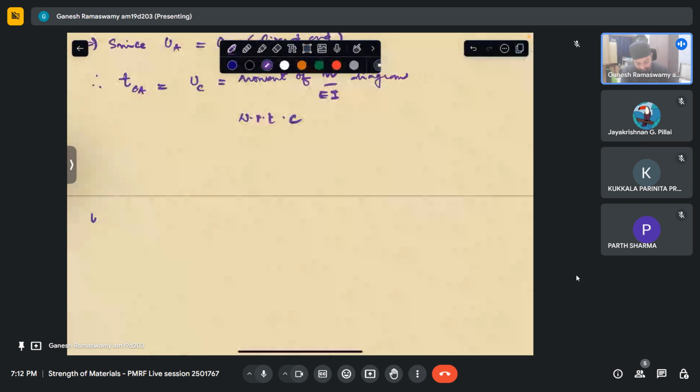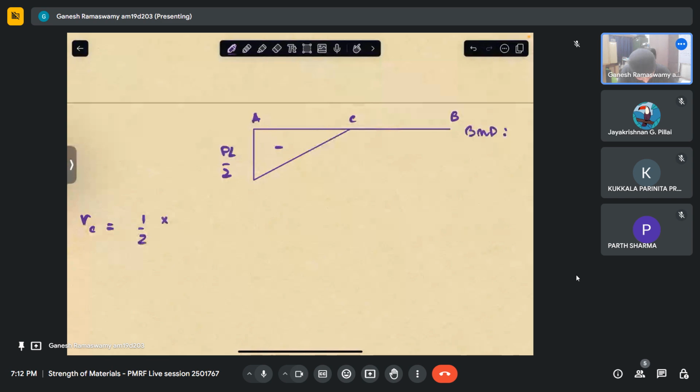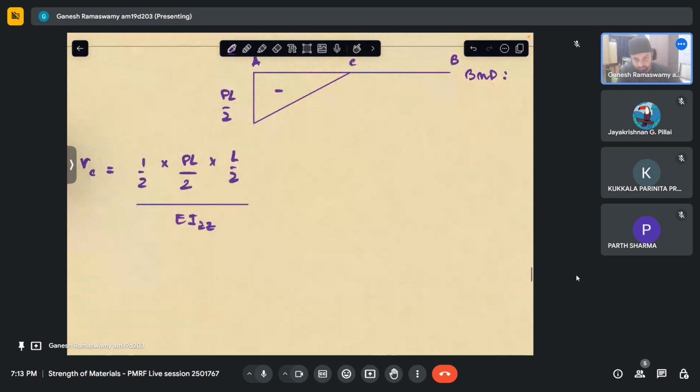So this is the area of this. This is B, and this is C, this is A. So we see this half into PL by 2 into L by 2. This is my area of the M by EI diagram.